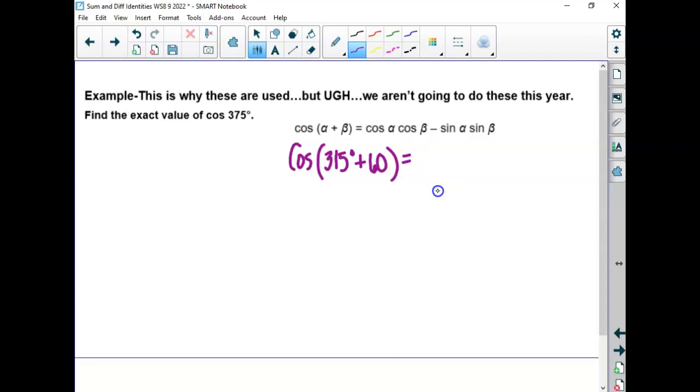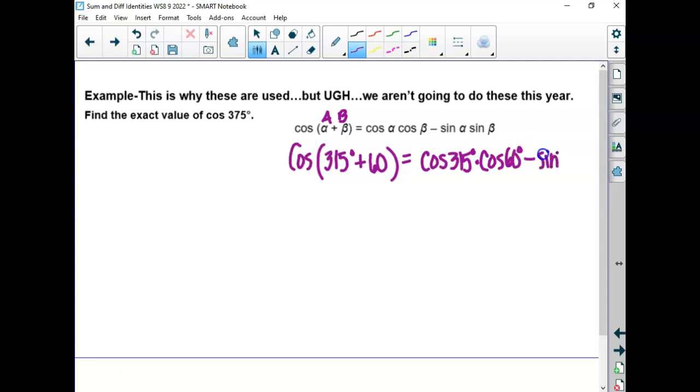All right. So we are going to expand this using the reference sheet definition, okay? This time we're going the opposite direction. Instead of condensing, we're expanding it out. So it's going to be cosine of what? Using the numbers Ben gave us, we're using A as what? 315. And times cosine of B, which is 60.